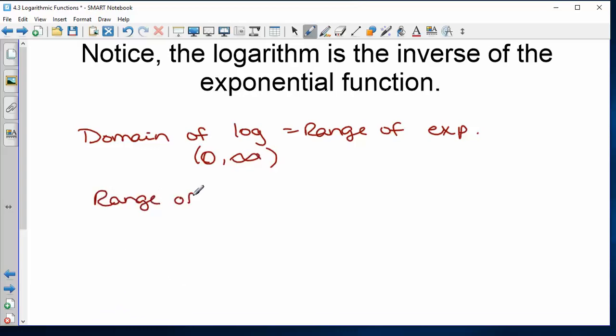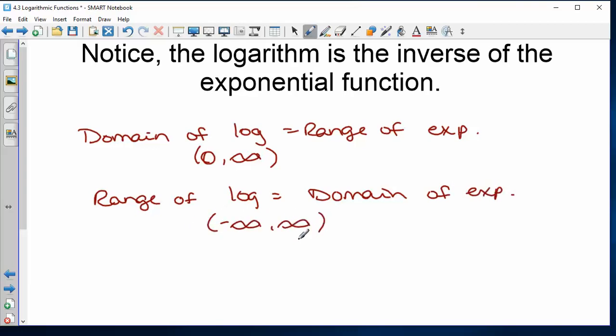The range of the log is equal to the domain of the exponential, which is negative infinity to positive infinity. The exponential has a horizontal asymptote at 0, so the log has a vertical asymptote at 0. You just flip your x's and y's.